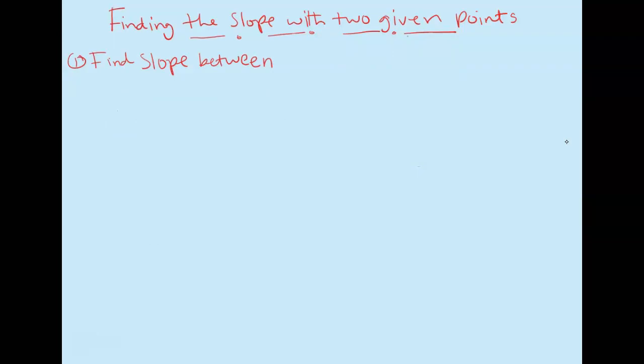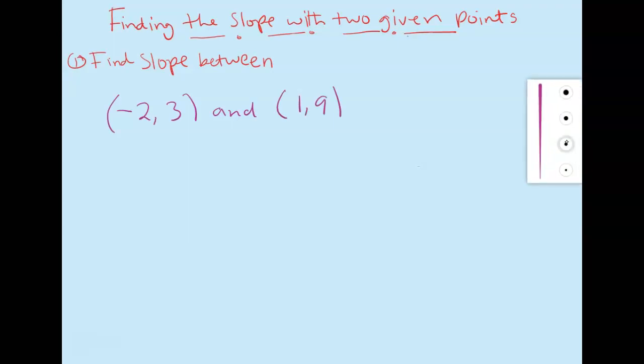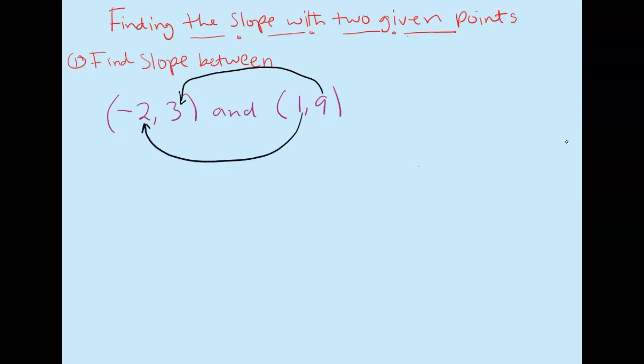The slope between the two points (-2, 3) and (1, 9). So remember, we are just going to connect y to the y, which happens to be up, and x to the x, which is down.